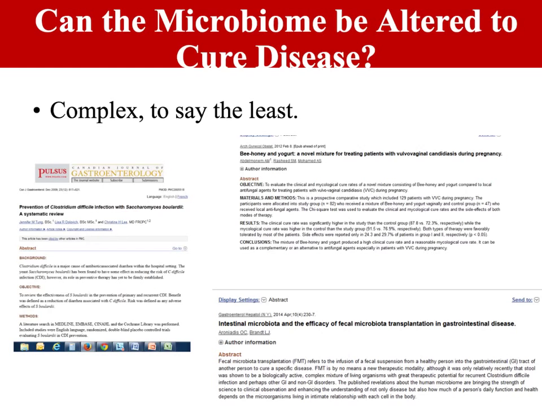It's freeze-dried, put into capsule form, and then that is actually taken orally by an individual that is in need of a normal, healthy microbiome. So this has been done for C. diff patients. This has also been done for Crohn's patients, and there have been some reports of it being done for autistic patients.